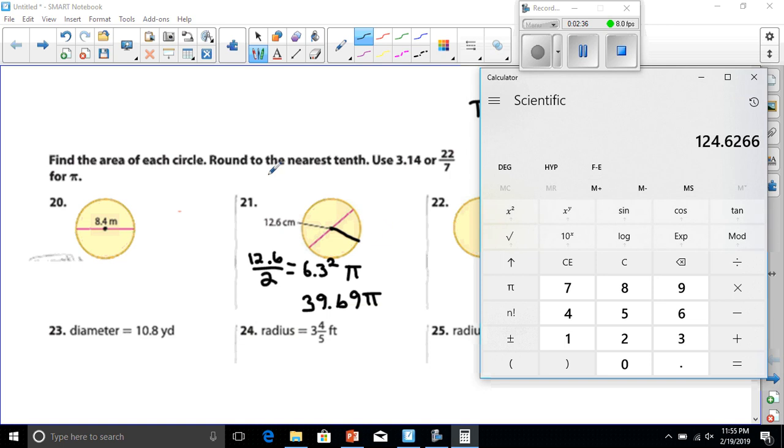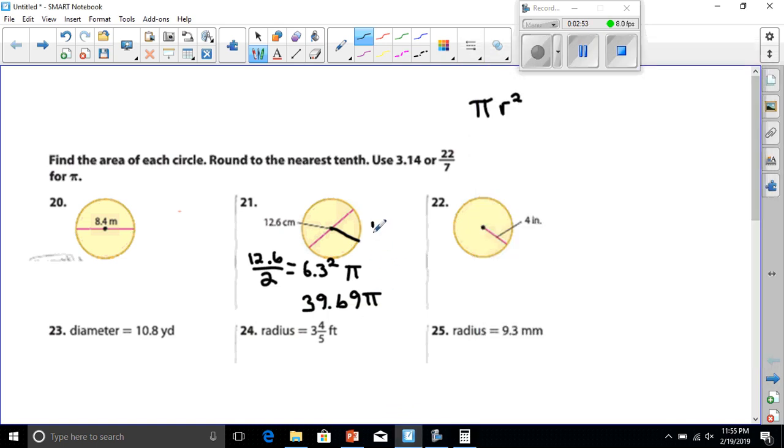Well, this said to round to the nearest tenth. I realize that 2 is not bigger than 5, so it's going to give me 124.6. So my answer will be 124.6.